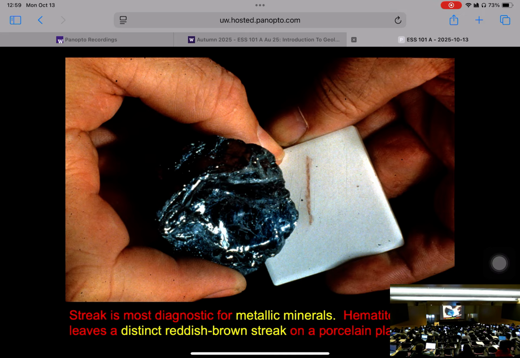And hematite, even though it clearly has a metallic luster to it, when you streak it, it leaves that typical reddish brown rust-colored streak. And it's always diagnostic of the mineral hematite. And I won't mention the other 2 metallic minerals because some of you haven't had the lab yet, so you'll learn that. But hematite is one that I will mention. Okay, it does have a distinct streak that it leaves on a porcelain plate.